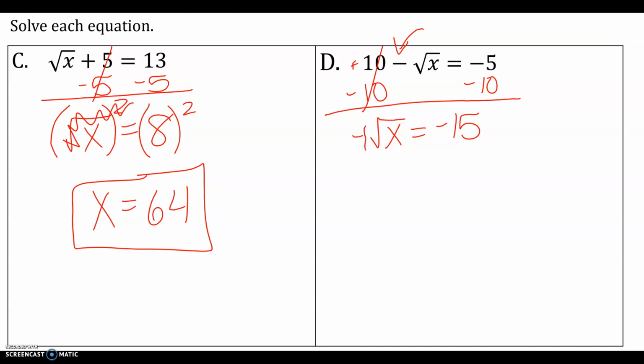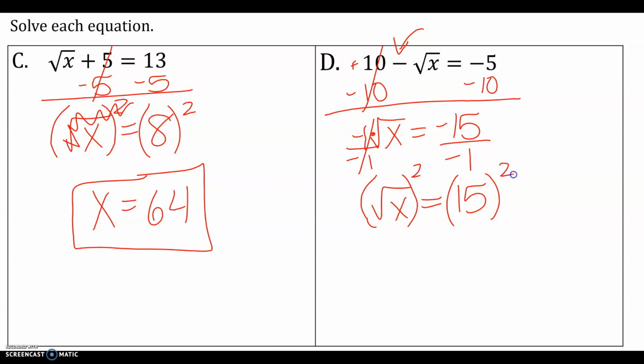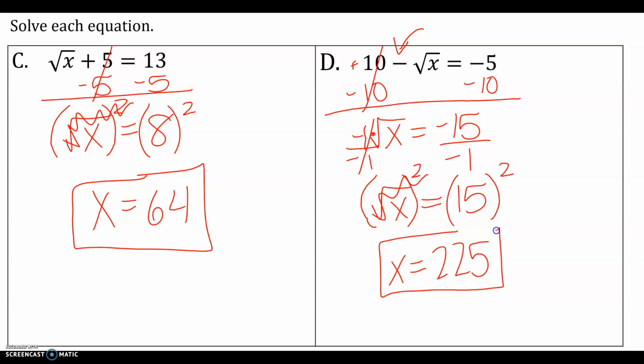Technically, it's a negative 1 being multiplied. So we need to divide by this negative 1, which leaves us with radical x equals positive 15. We're still not done, but we have removed all of our extra numbers. But now we need to get rid of the radical by squaring both sides. And you guys should know that 15 squared is 225.